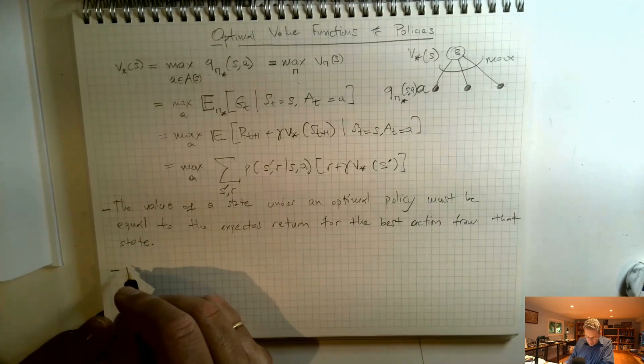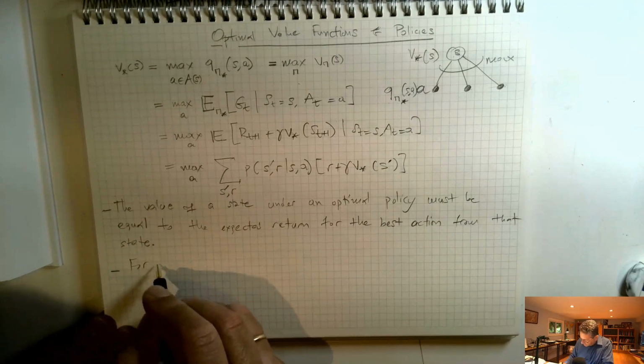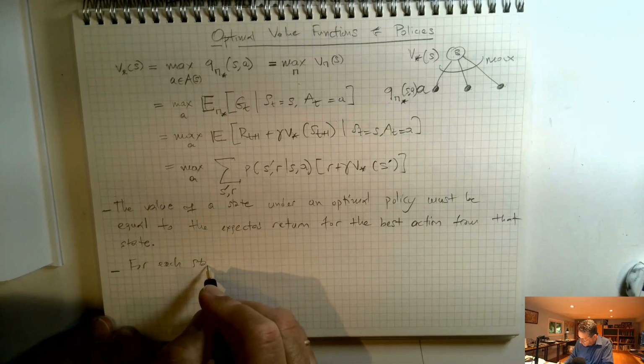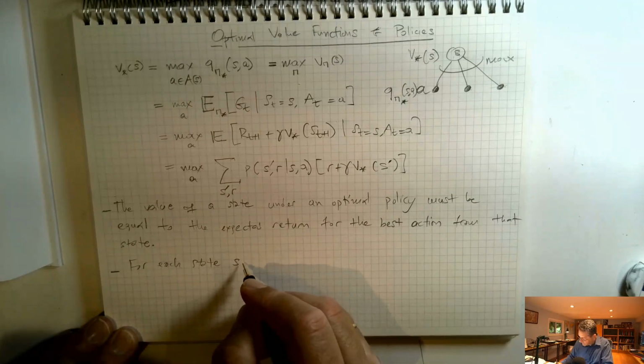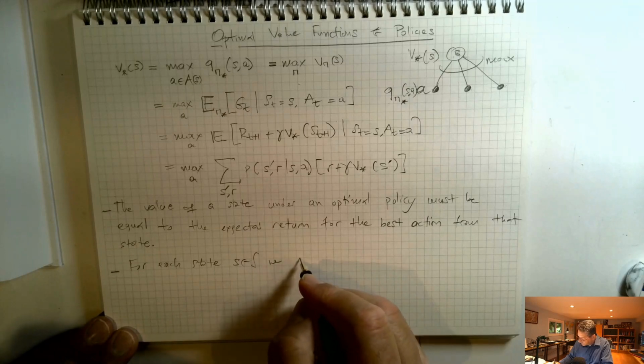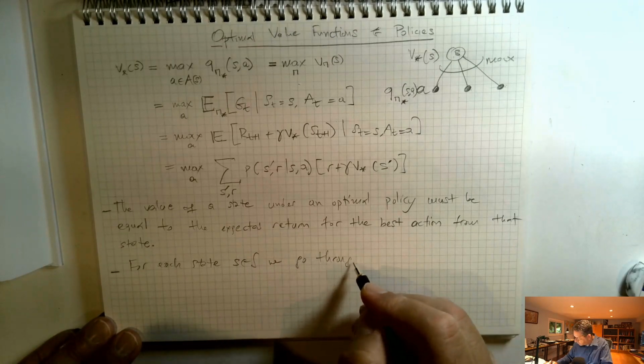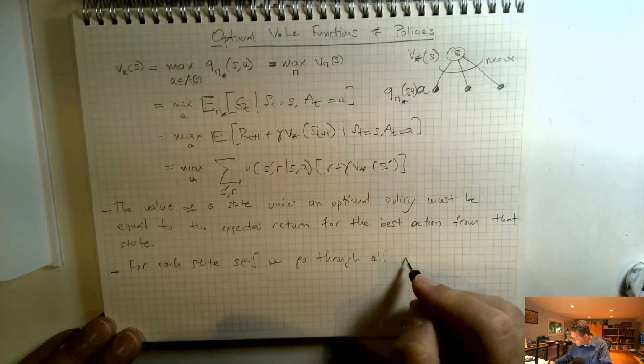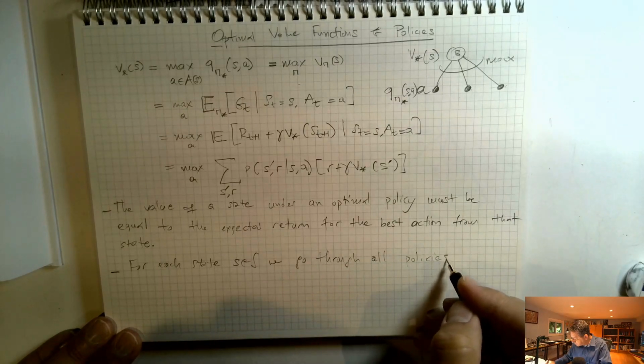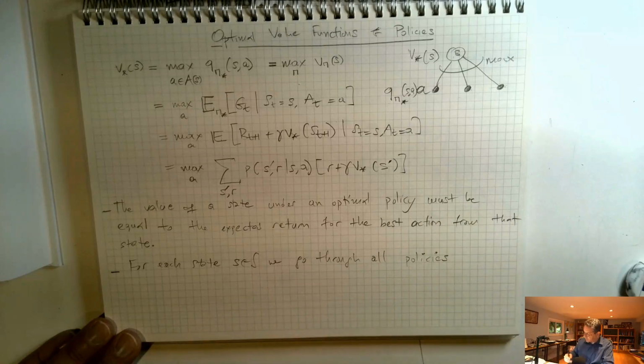The thing is that, okay, so for each state S, we go through all policies. This was the cleaning robot example.